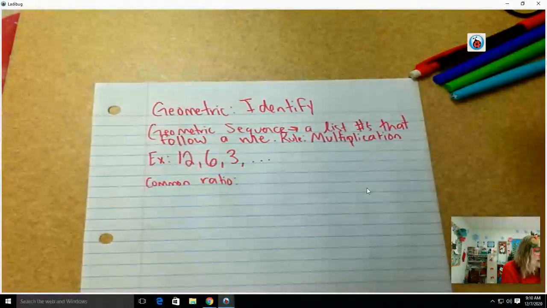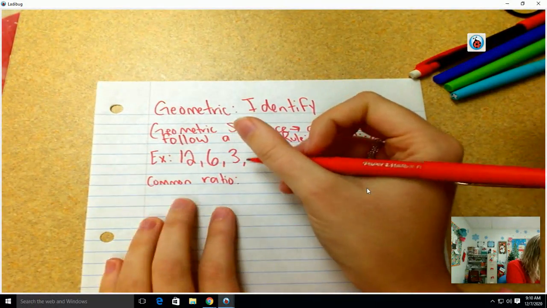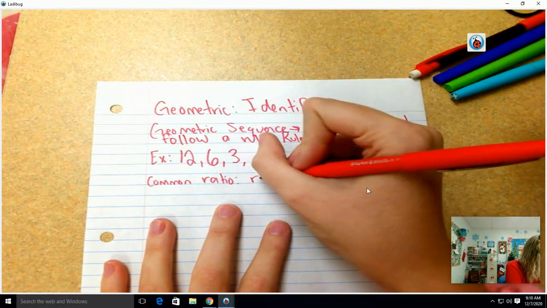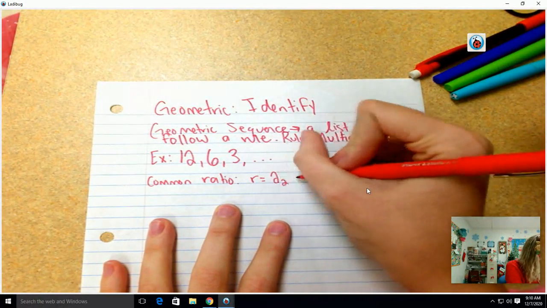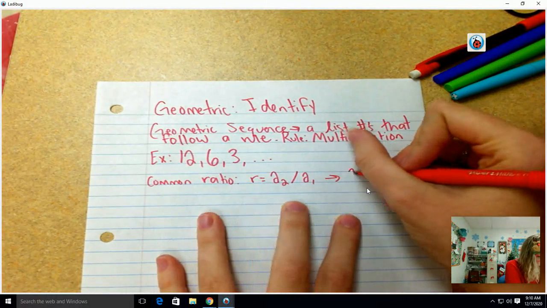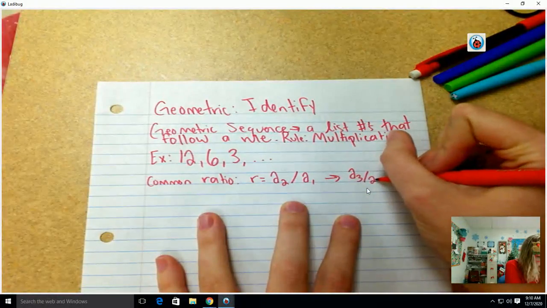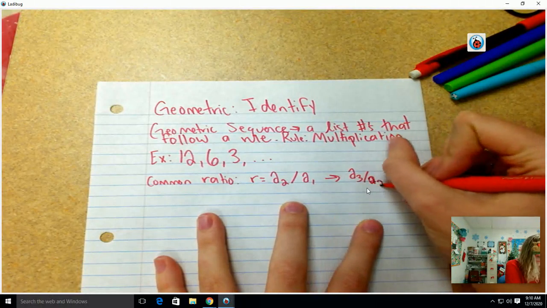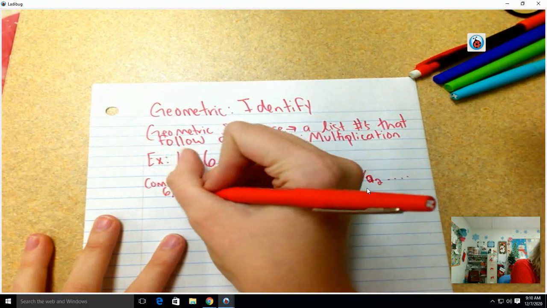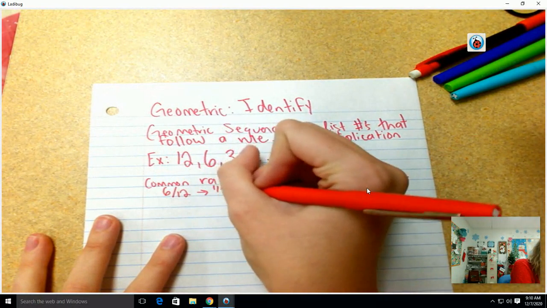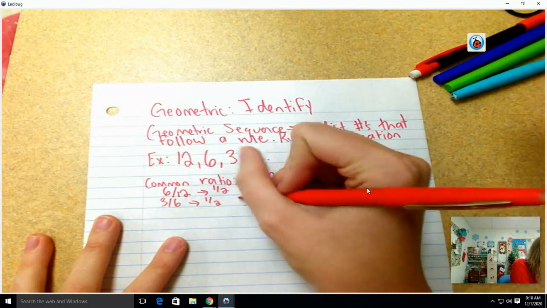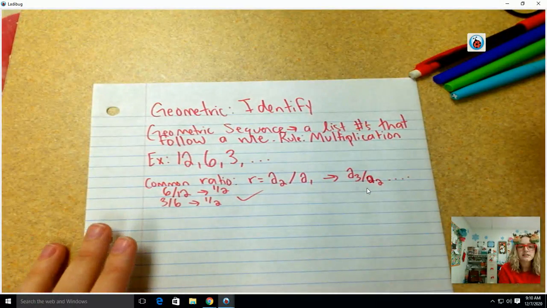You're going to see what you're multiplying by to get from term to term, or you can think about it as A2 divided by A1, or A3 divided by A2, and so on. For this one, we have 6 over 12, which gives me 1/2, and 3 over 6, which gives me 1/2. Because that is consistent, this is a geometric sequence.